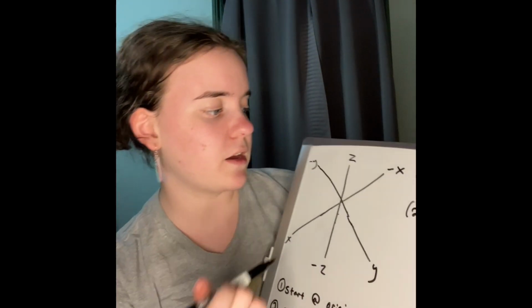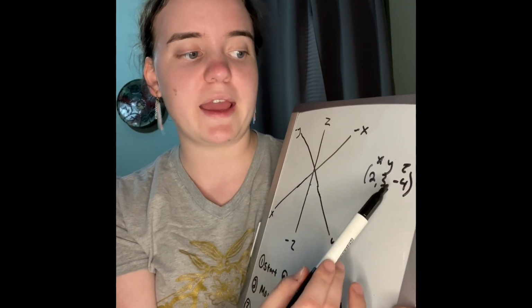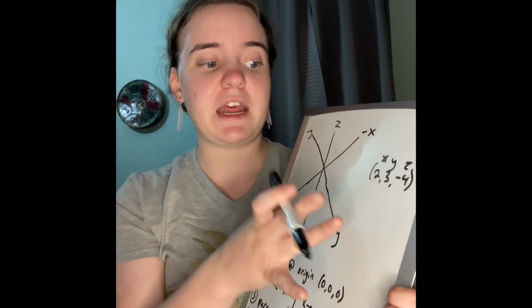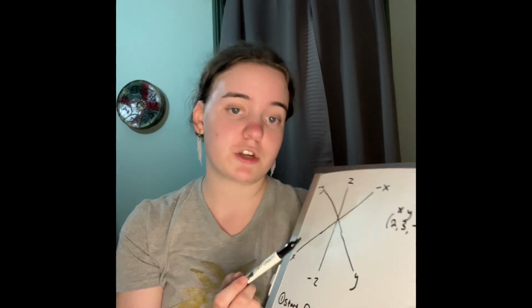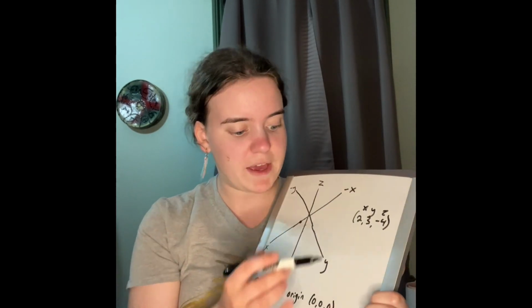Okay, so now we're going to talk a bit more about what this whole system looks like with the x's, y's, and z's. So we have 2 is our x, 3 is our y, -4 is our z, and we want to plot it. So we're going to start at the origin, 0, 0, 0, and we're going to move along the x-axis. So 1, 2. And then we're going to go parallel to the y-axis. So that's 3.